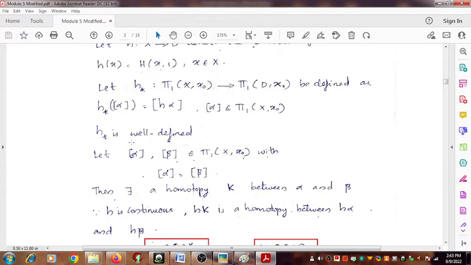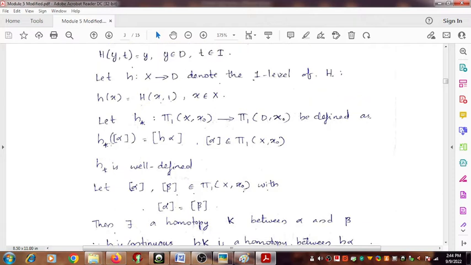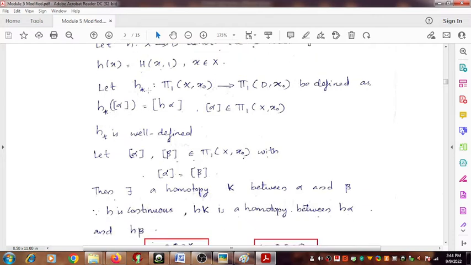Next, step by step, we are going to show that our ultimate aim is that h star is an isomorphism, defined from the first group to the second group. In order to show that it's an isomorphism, first we want to show that h star is well defined.